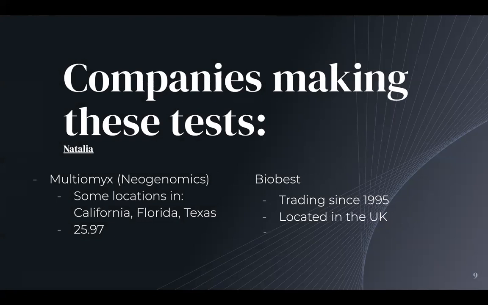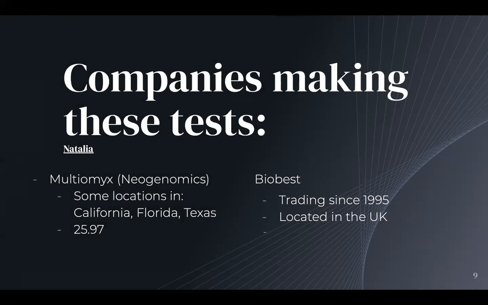So for the companies that make these tests, there were a few that I was able to find, but these are the two most common ones. One is Multiomics, which is also the name of the type of test that they use for this, because the name of the actual company is Neogenomics.